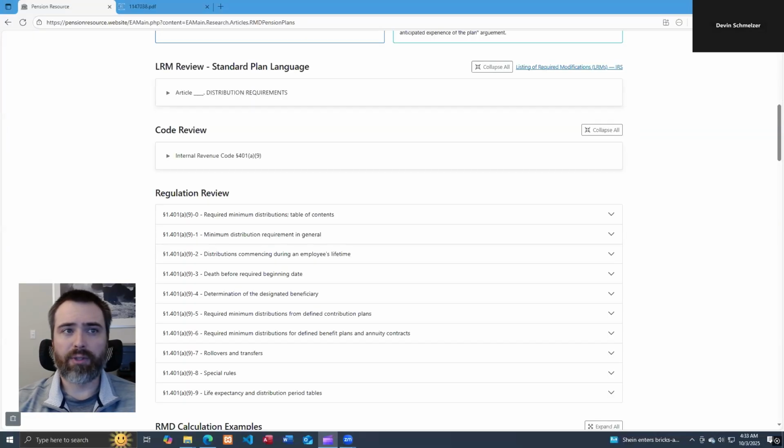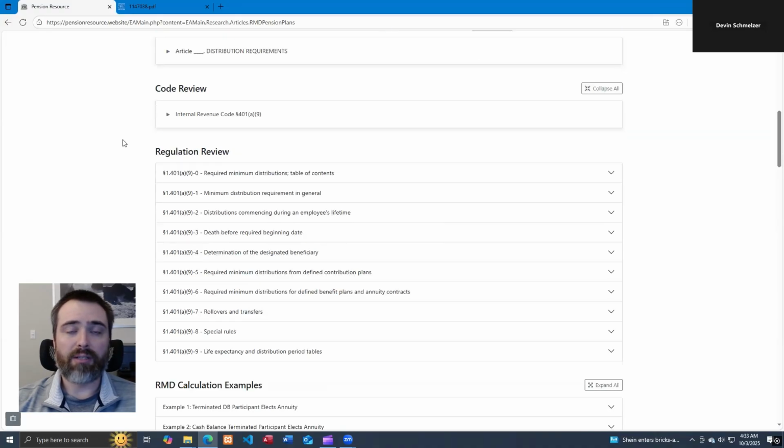In this context, regulations are published by the Treasury and the IRS to help explain code Congress passed. When reviewing regulations and code together, it is often helpful to keep in mind which was last updated. We are fortunate in that both the code and the regulations have been recently updated.